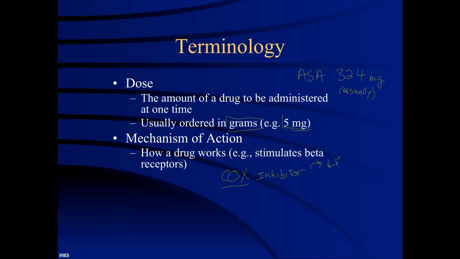It decreases pain, and it also happens to decrease platelet aggregation. So, in giving a patient aspirin for chest pain, we actually use the platelet aggregation mechanism to help them because it prevents a clot from becoming any worse. So that is the mechanism of action. And that's what the concept of mechanism of action is.